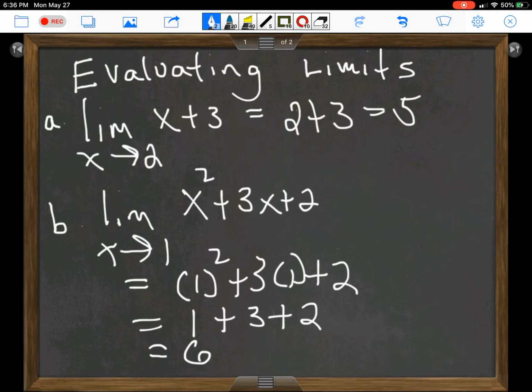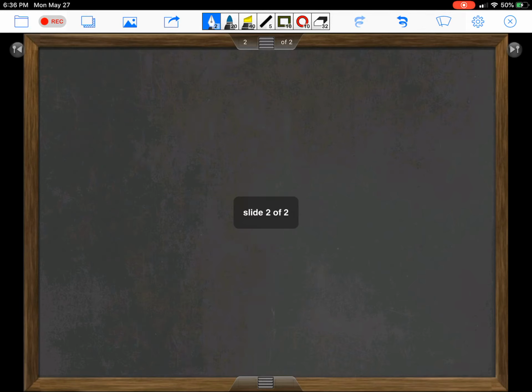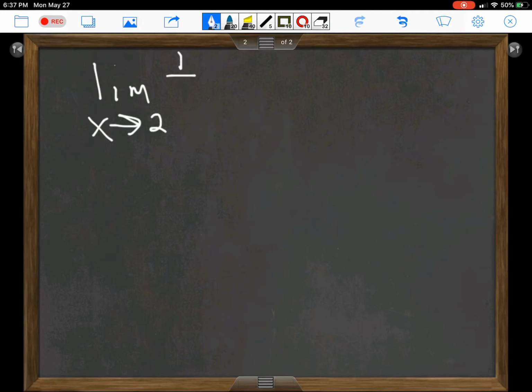So now we're going to look at a slightly more complicated problem. Let's look at a case where we have a fraction. The limit as x approaches 2 of 1 over x minus 1/2, divided by x minus 2.